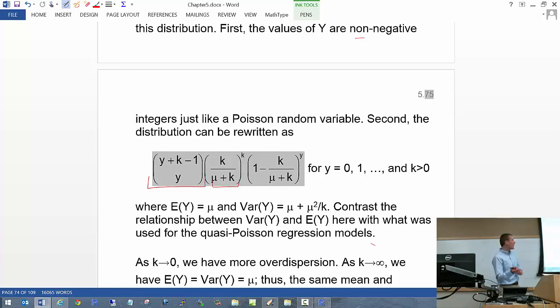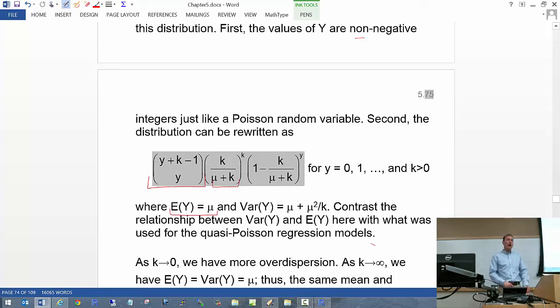And then you also have 1 minus k divided by mu plus k. Don't worry about the mathematical details behind it. One can do that. And the reason why it's good to think of a negative binomial in this light is because of this.